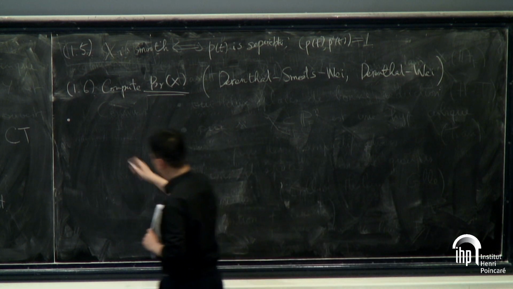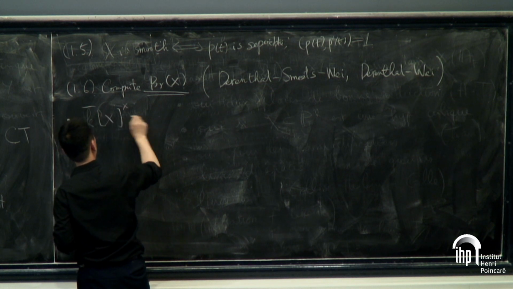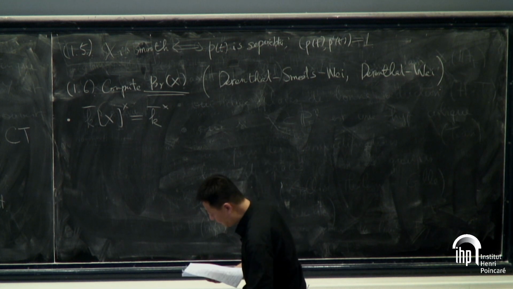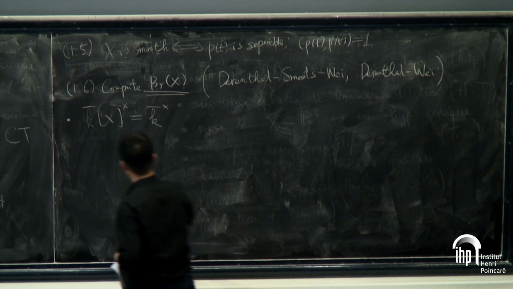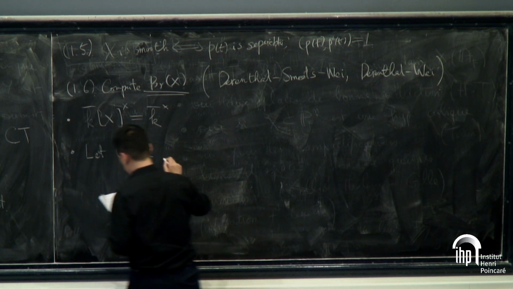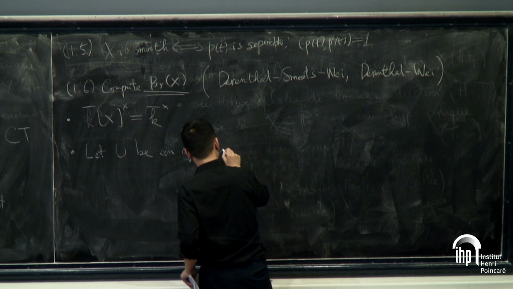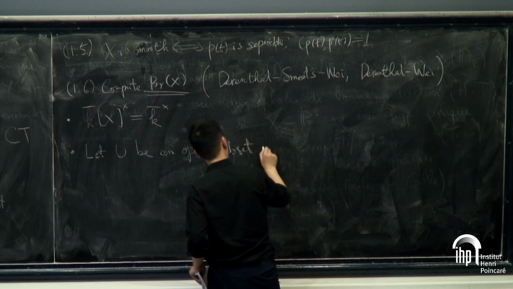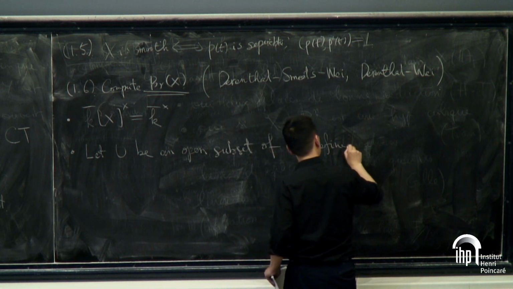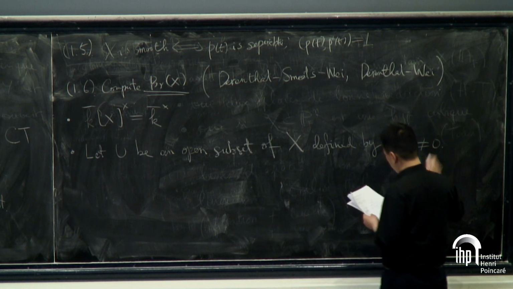So first of all, easy to see, you can compute the invertible functions over the algebraic closed field are just constants. That's the easy part. And secondly, you let U be an open subset of X defined by P_T non-zero, invertible.